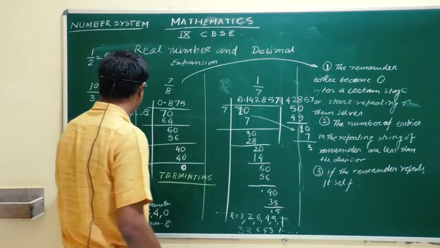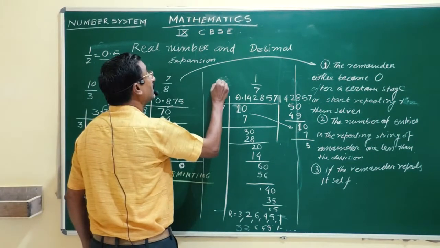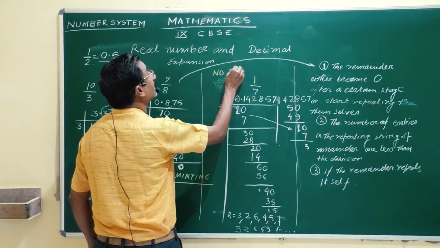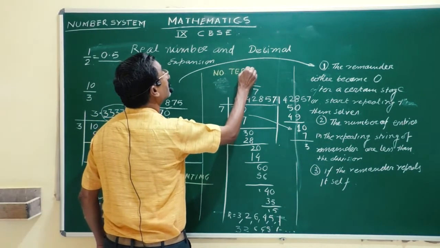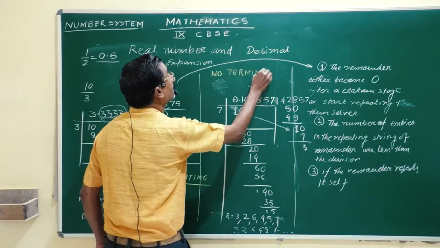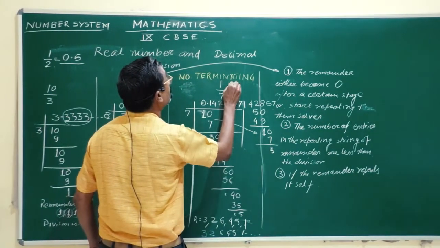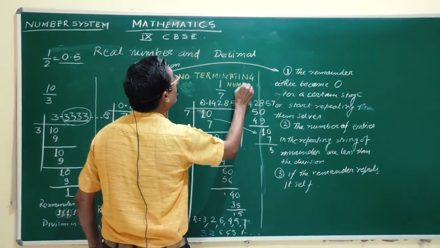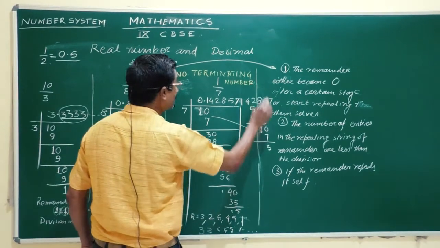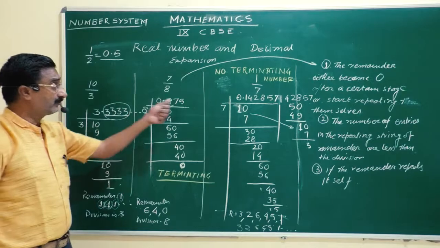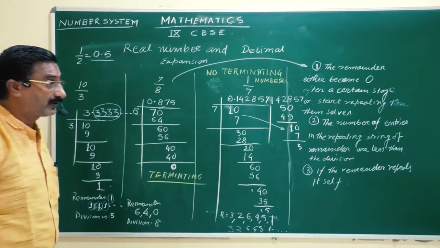And these two are non-terminating numbers. This is repetitive, and this is also repetitive after a certain string.